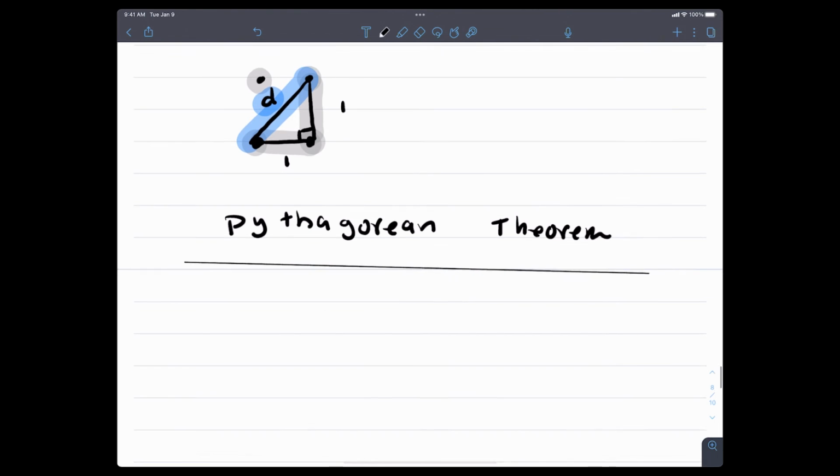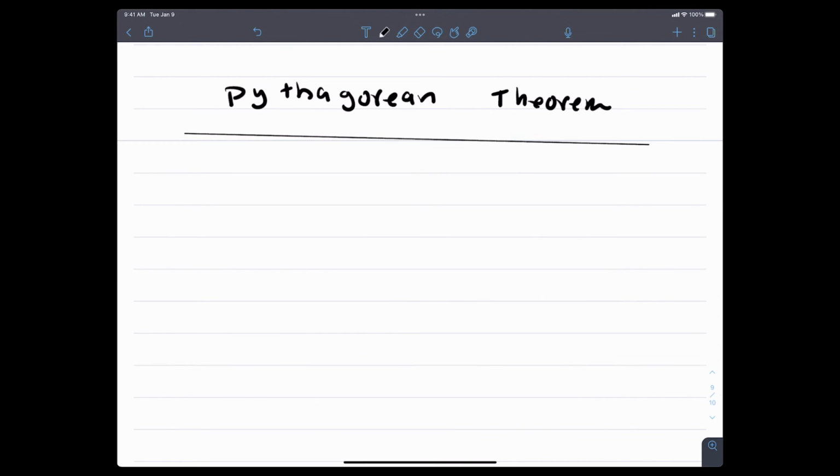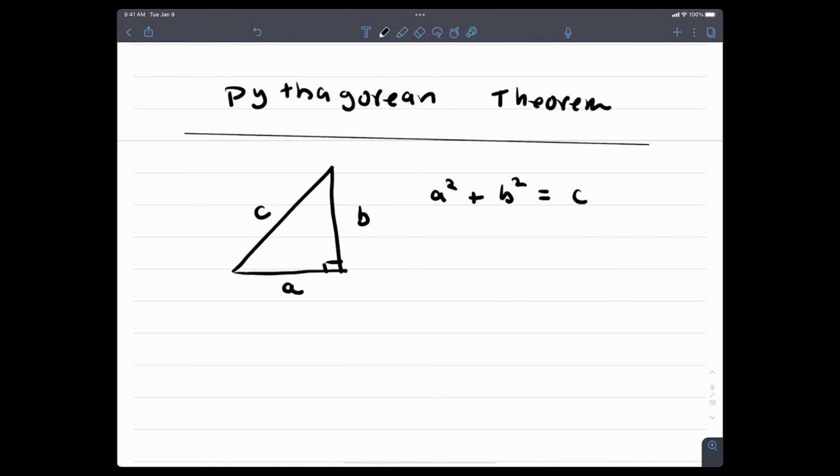And it only applies when you have a what? A right triangle, yes. So they have A, B, and C for the Pythagorean theorem for a right triangle. Here's the Pythagorean theorem. A squared plus B squared equals what? C squared.